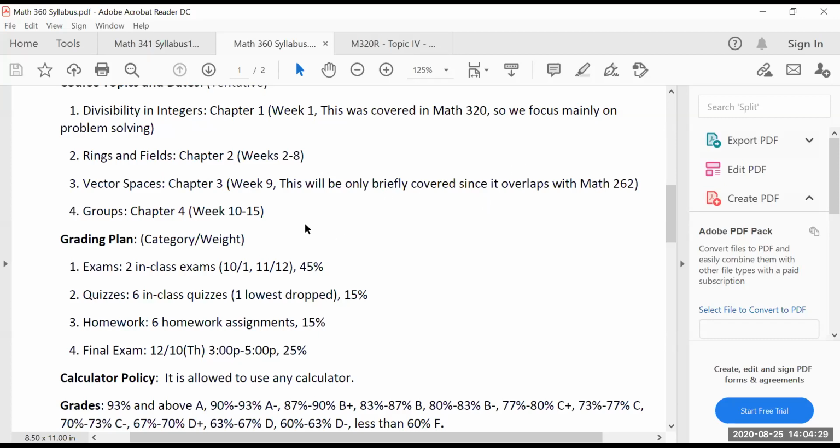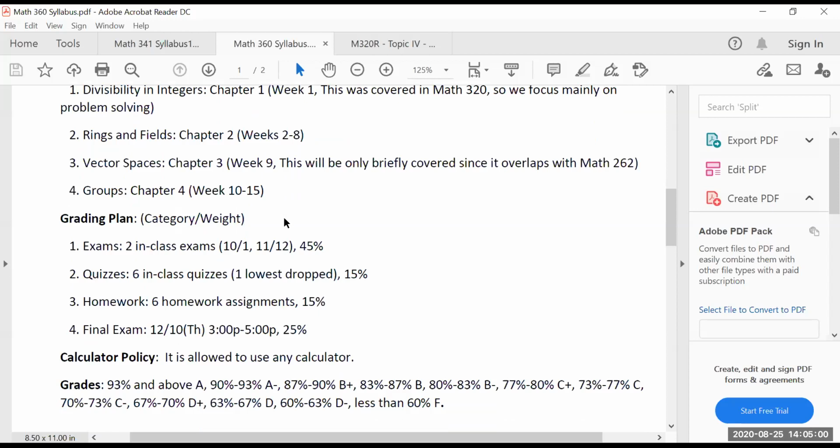This will be briefly covered since it overlaps with Math 262, so possibly I'm going to spend just 1 week on this vector space topic. Fourth topic is groups. Groups are covered in chapter 4 of the textbook. And this will also take a lot of time, weeks 10 through 15.